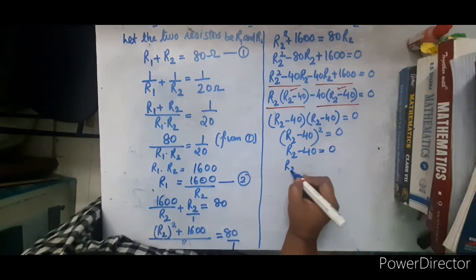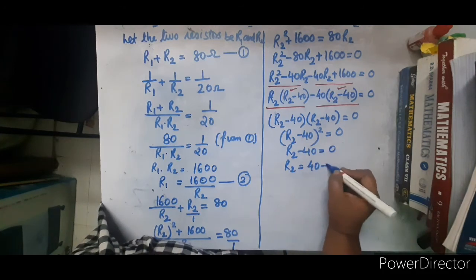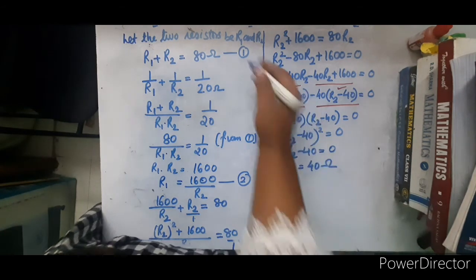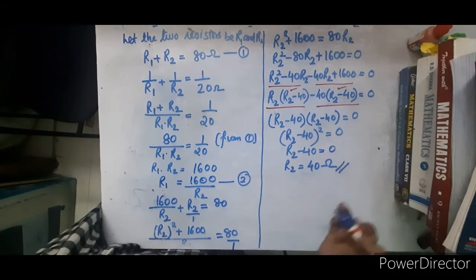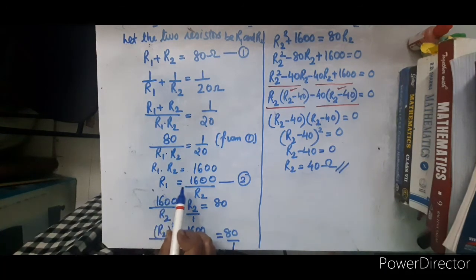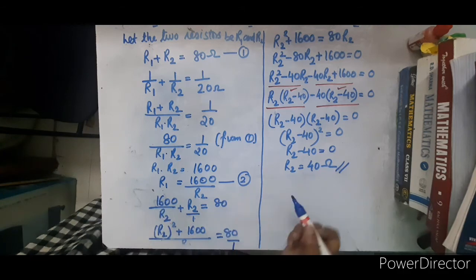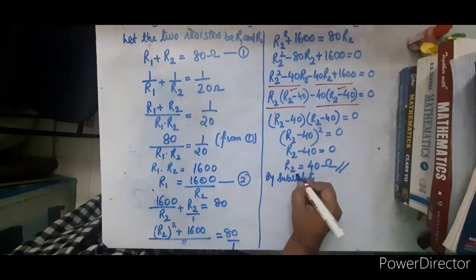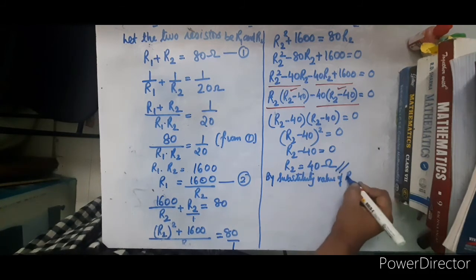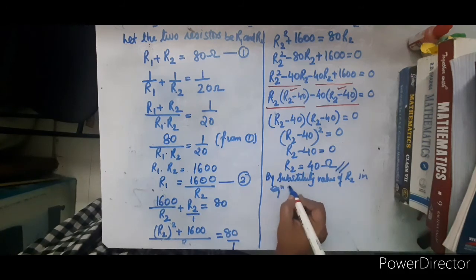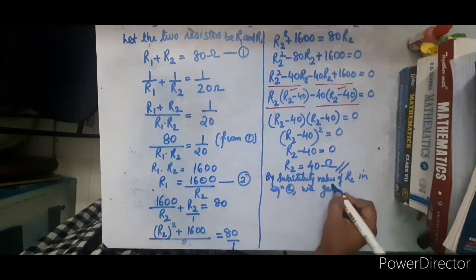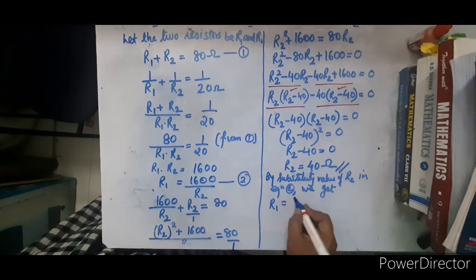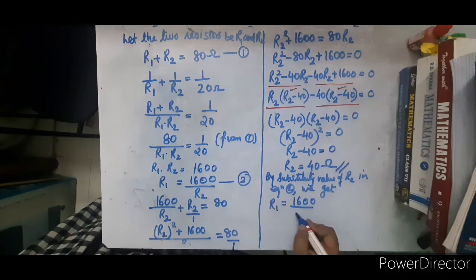So what is R2 then? Minus 40 goes to other side, it's plus 40. Resistance unit is ohms. So what is the value of R2? We are supposed to find the value of this R1 and R2. So R2 we got 40 ohms. Now we'll find R1 by substituting the value of R2 in equation 2. So by substituting the value of R2 in equation 2, we get, see what we will get, R1 is equal to 1600 upon R2, and what is R2 we have got is 40.